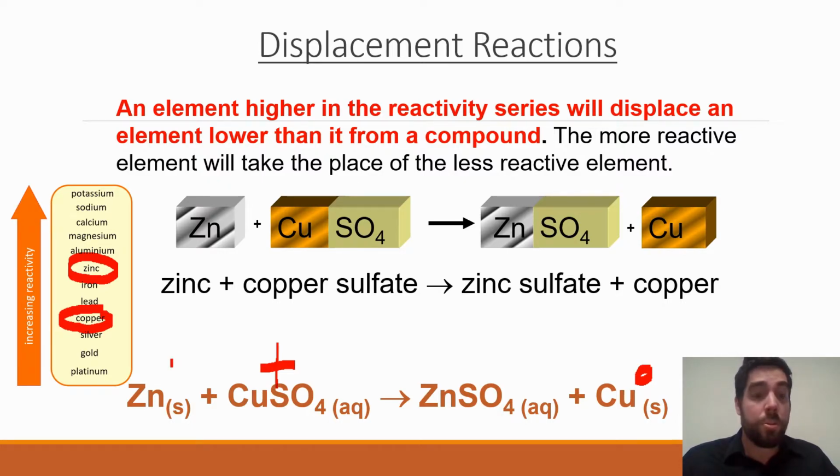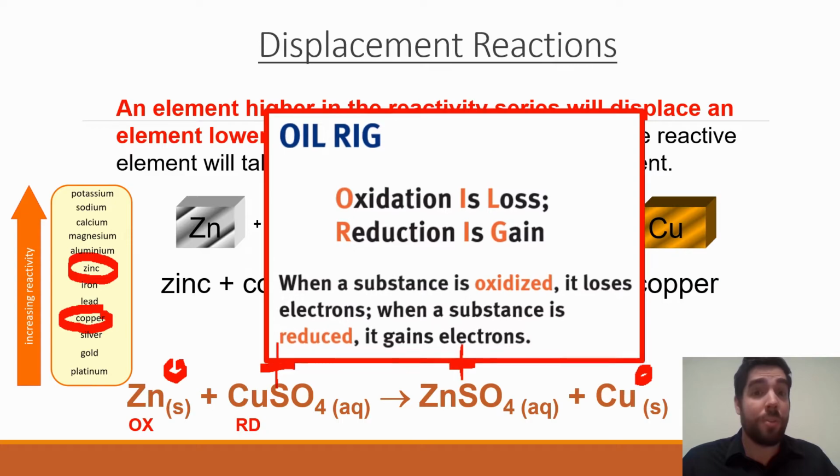The zinc is going from a neutral charge over here to a positive charge here because it is losing electrons. So again, that means that zinc is being oxidized and copper is being reduced. When in doubt, don't forget OIL RIG. And remember that again, oxidation is the loss of electrons and reduction is the gain of electrons.